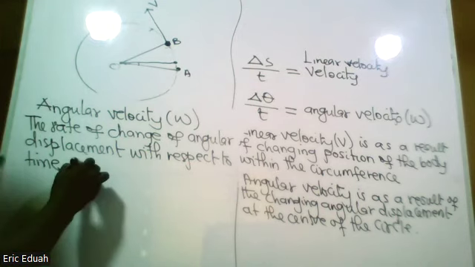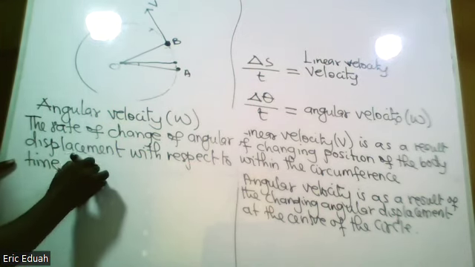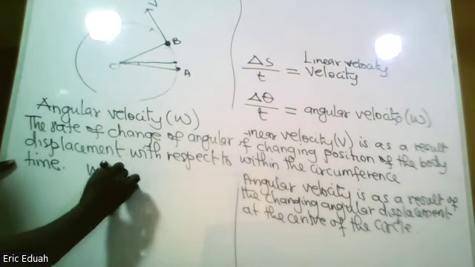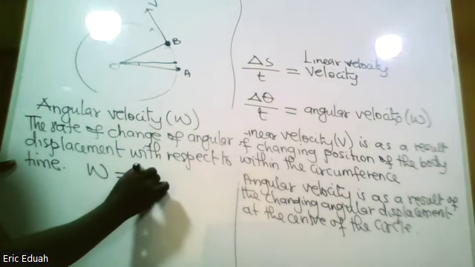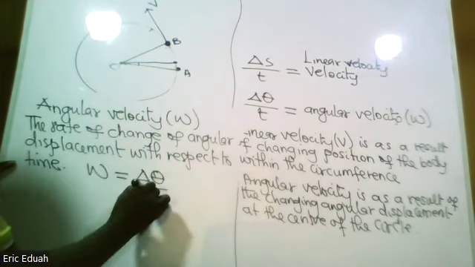So mathematically, we said omega is equal to delta theta over t.